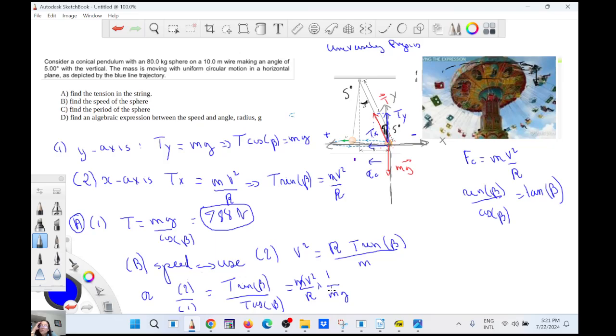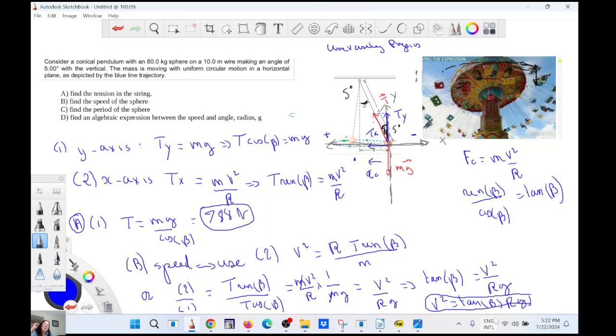So this cancels out, which equals v squared over rg. Then we get tan beta equals v squared over rg. So v squared equals tan beta rg, and then you can solve for the speed.